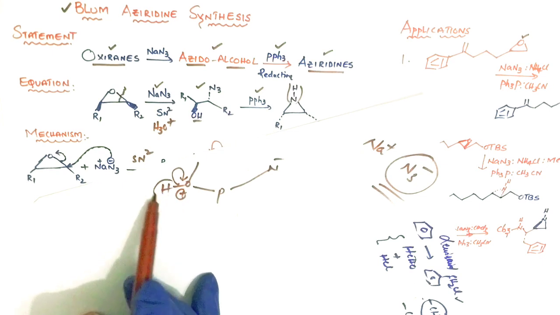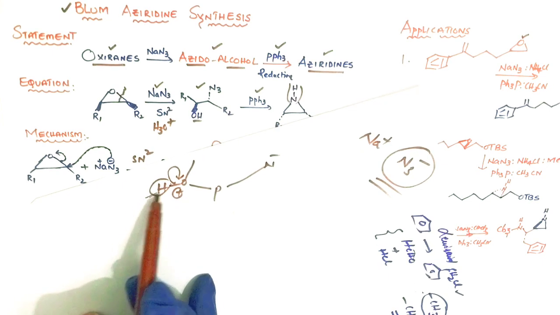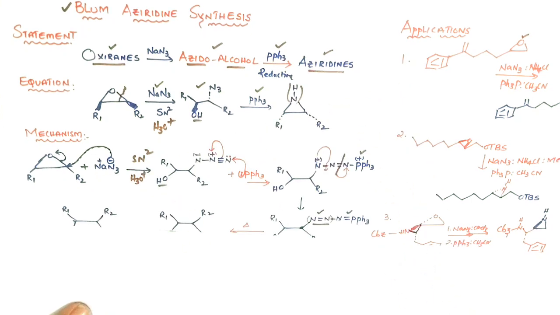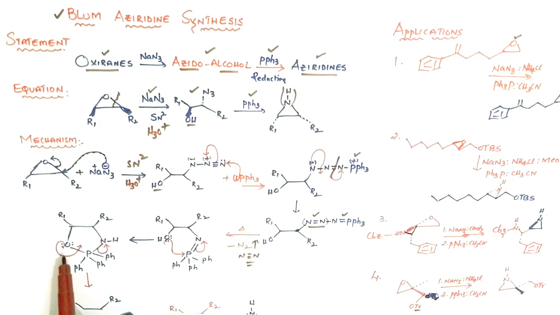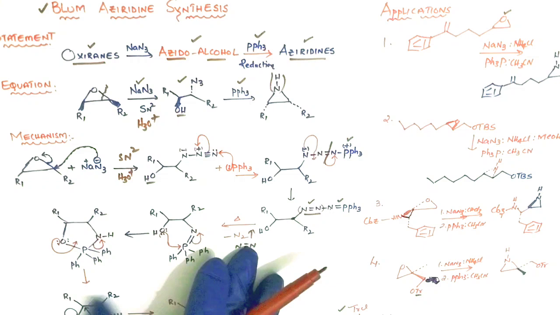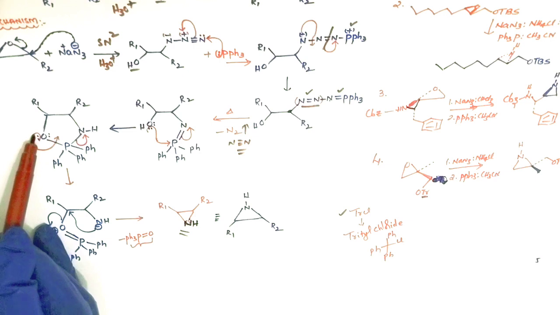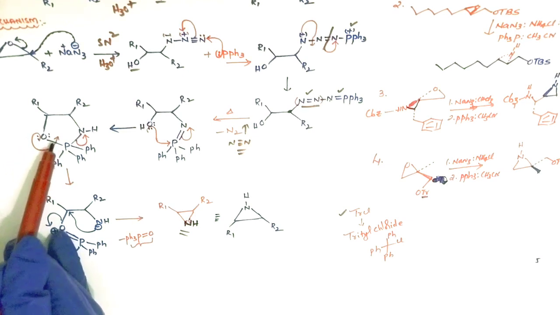What is happening? We are removing H in the form of H plus. The H plus will move towards the N minus. See this. Oxygen forming a bond with phosphorus. The N minus takes the hydrogen, so NH bond formation takes place. Okay. Now what is happening? Oxygen donating its lone pair electrons to the phosphorus again.